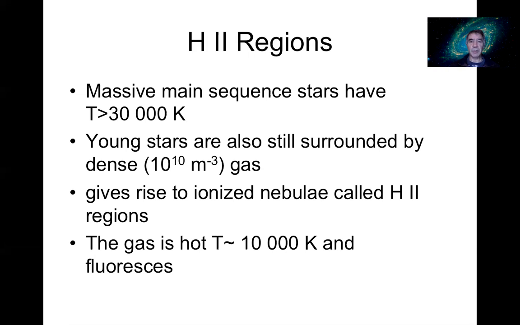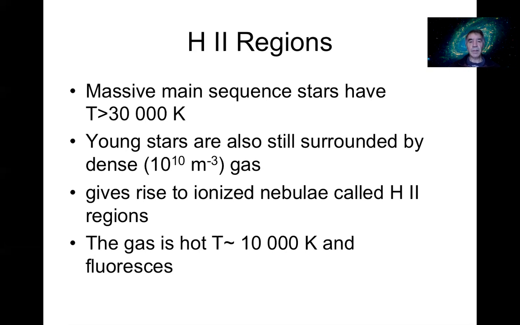So they'll be shorter wavelength than 91.2 nanometers. Any extra energy above that needed for ionizing the electron goes into kinetic energy of the electron, and that then basically turns into heat. So the gas is also hot.